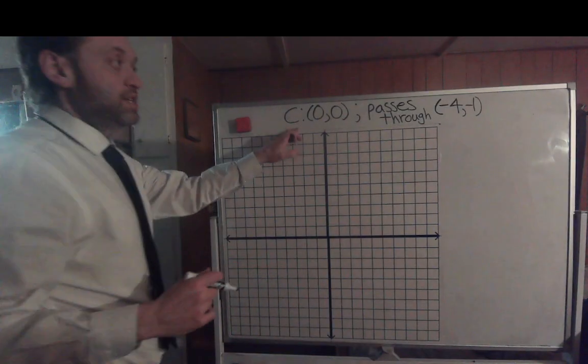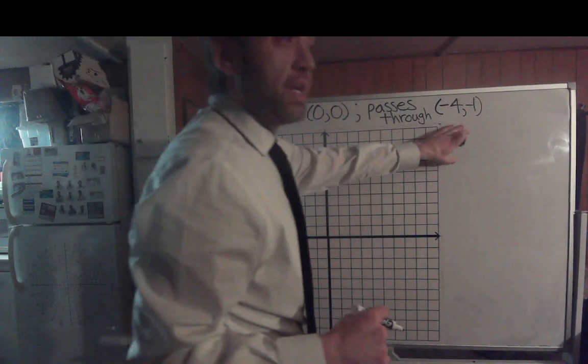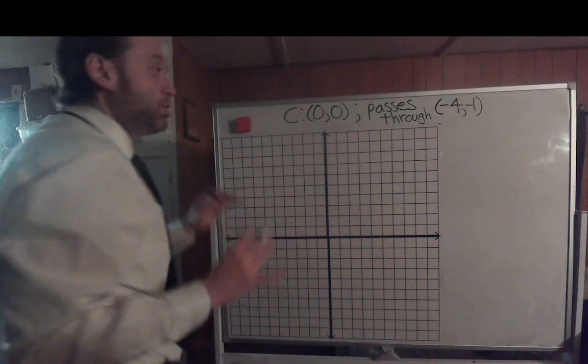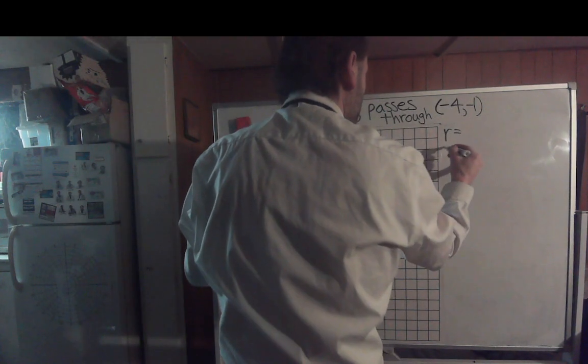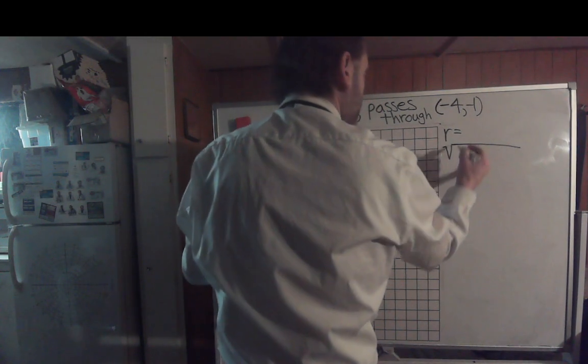Alright, so another one here. The center is at the origin, 0, 0, but it passes through the point -4, -1. Let's find the radius. We know the center, but we don't know the radius. So use your distance formula. Take your x2 of -4 minus your x1 of 0 squared plus your y2 of -1 minus your y1 of 0 squared.